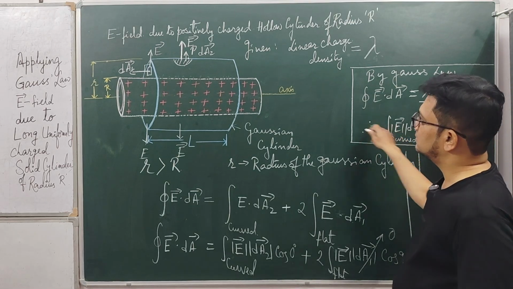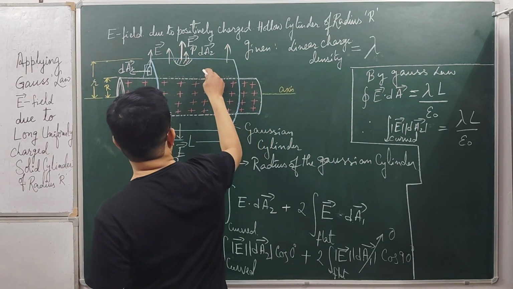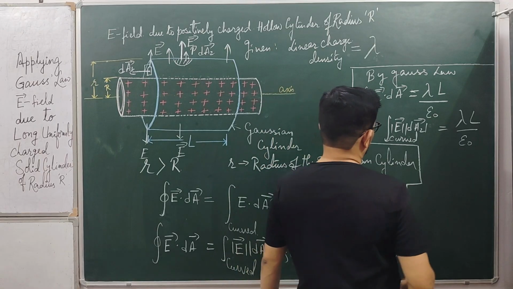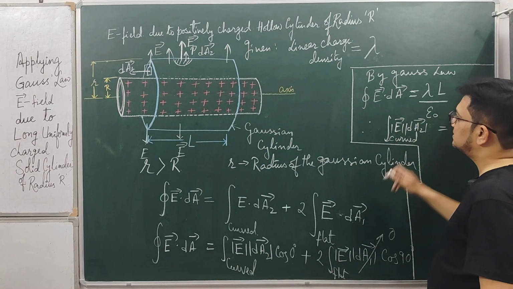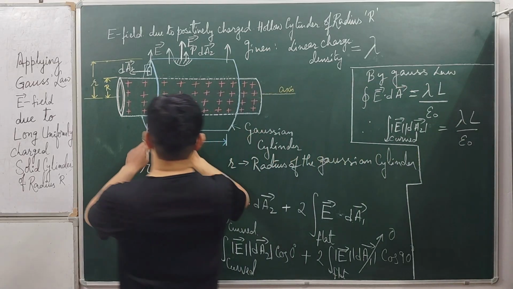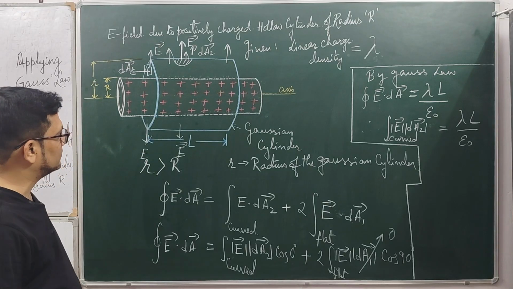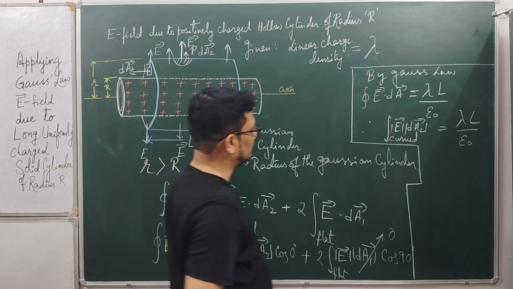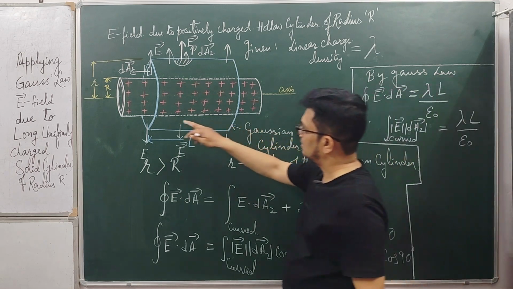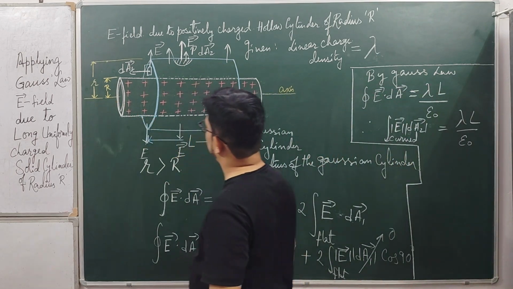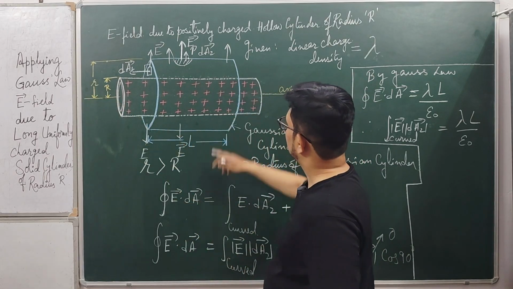So E is constant over it, right? E is constant all along the surface of it. Well, if E is constant, we'll pull it out of the integral sign. And what is dA2? dA2 is the entire curved surface area. So from our understanding, the total curved surface area, if you integrate, comes out to be 2 pi r L. Small r is the radius, sorry, that's the small r.